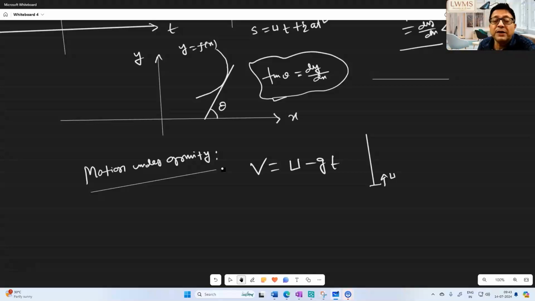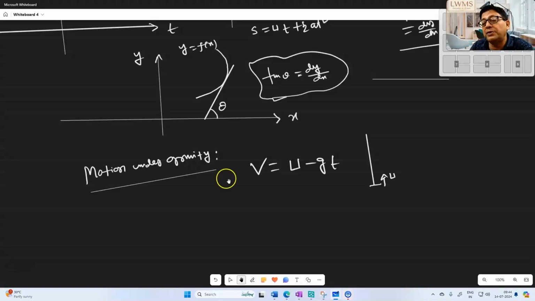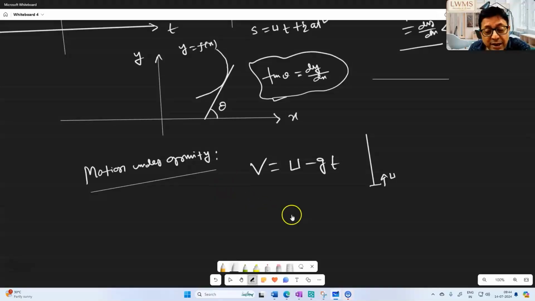Only difference is that for vertical motion, accelerated motion will always be there. Gravity plays an important role. So these derivations may arise in motion under gravity also.